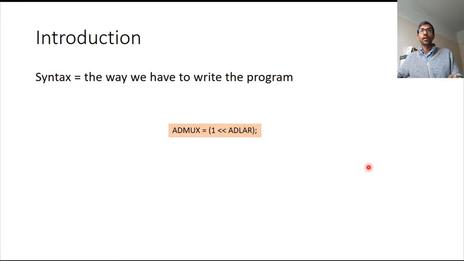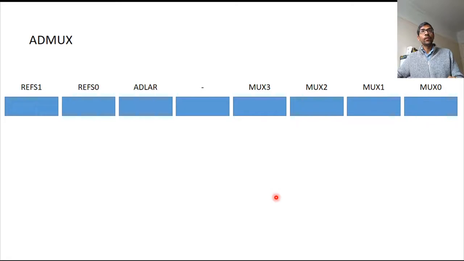Okay. So let's take the example of the register ADMUX and talk about the syntax. We know the register ADMUX has the following bits in it, and I just looked up the data sheet to see that ADMUX has these bits in it.